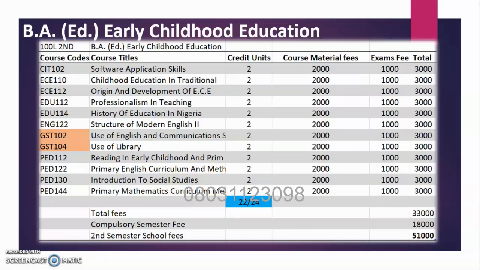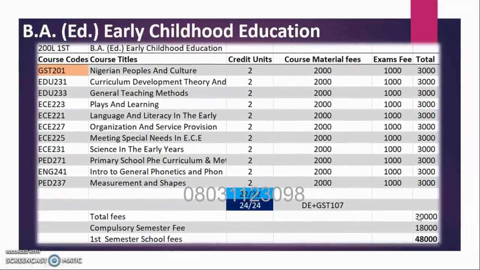But make sure you register one elective. The fees are calculated the same way as in first semester, and assuming you register all of them, you'll be having 33,000 for the registration. Then the compulsory fee of 18,000 added to that will sum up to 51,000 for 100 level second semester.